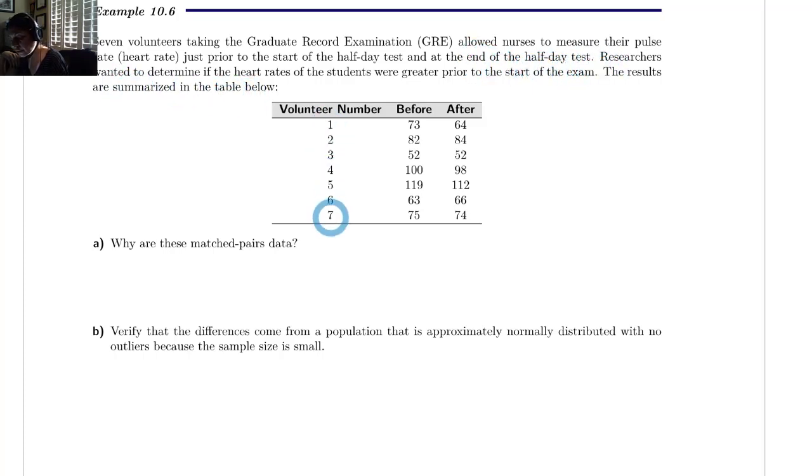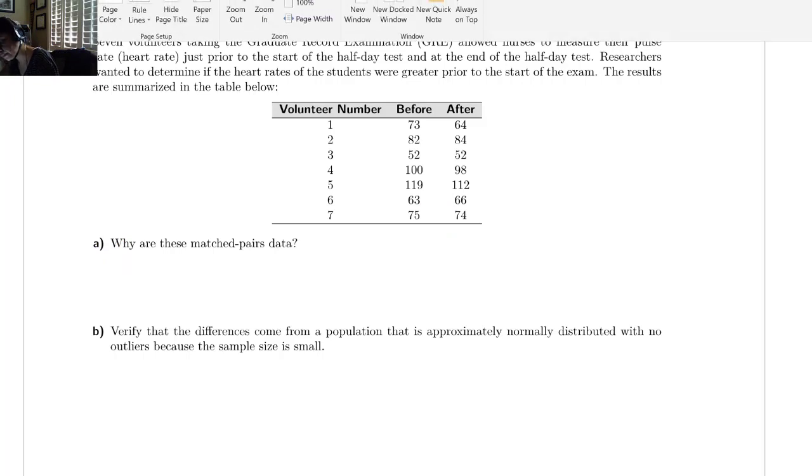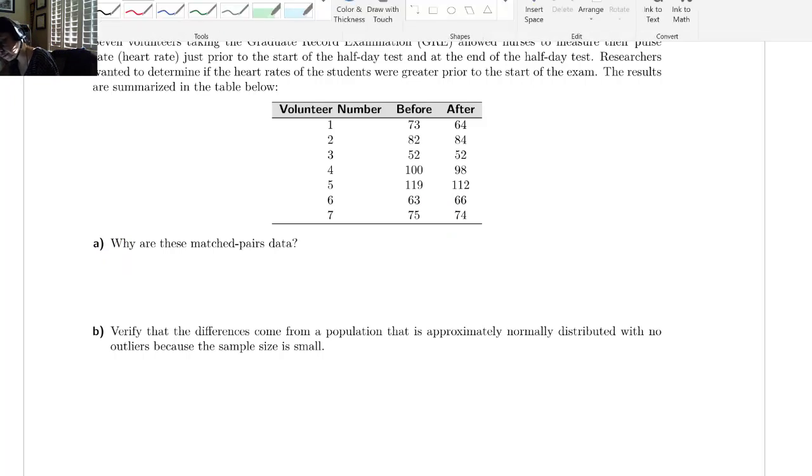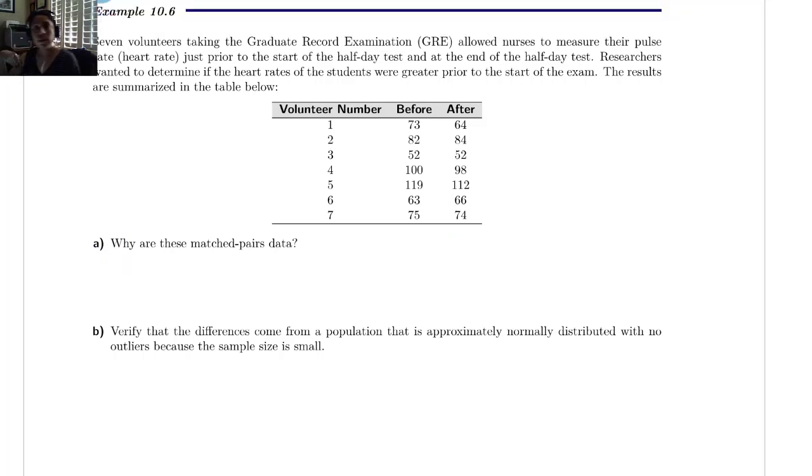So they have 7 volunteers. This is their pulse before taking the GRE and then after taking the GRE. So why are these matched pair data? Why are these samples dependent?